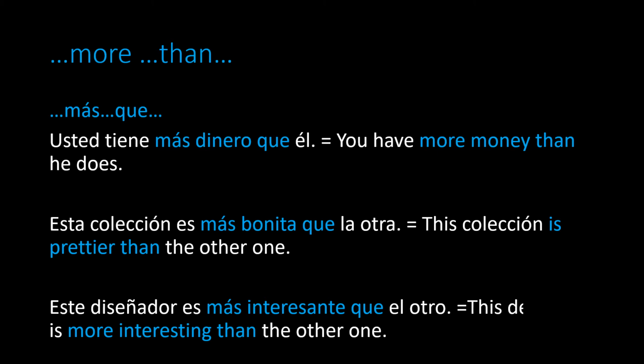Más bonita que, prettier than, or more beautiful than. Notice that bonita is feminine. It's an adjective and it's in the feminine form because colección is feminine. In the third example, este diseñador es más interesante que el otro. In this one, you're saying that one designer is more interesting than the other.